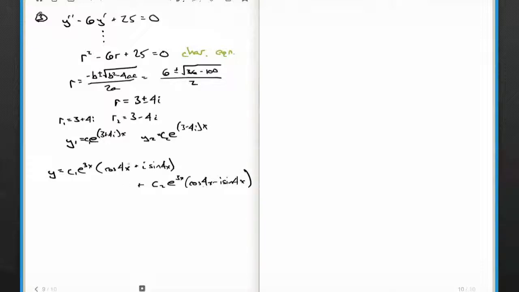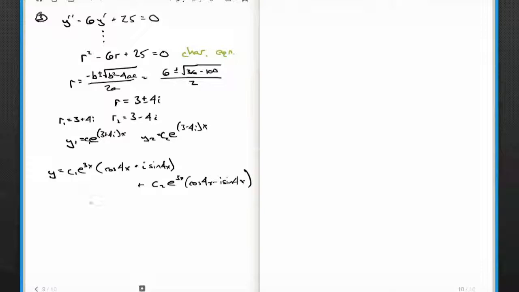Right? Why is that? Because if you have a complex root like that, it winds up being cosine and sine functions. Cosine of, in this case, beta x plus i sine of beta x. Right? So that's how this one works out.